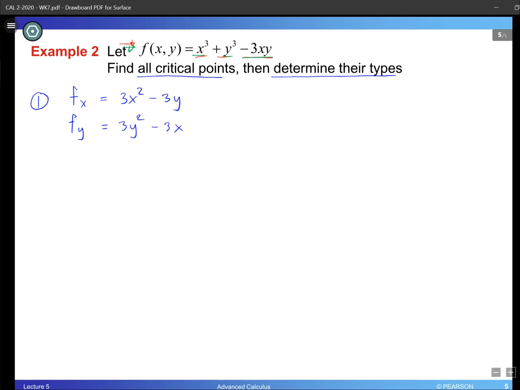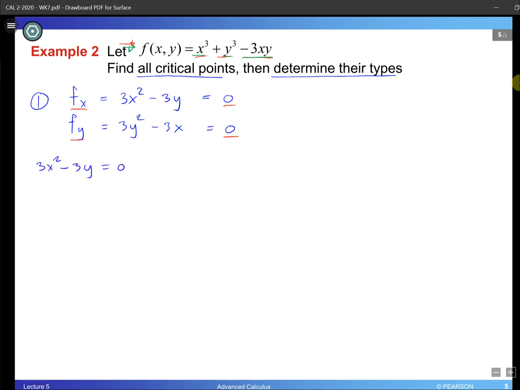And as you know, the first derivative test requires both fx and fy to be equal to 0. Once again, this has to be equal to 0, and same for this one. Slope has to be equal to 0. So we are going to work on these two equations again. The first equation from fx: 3x squared minus 3y equals 0.